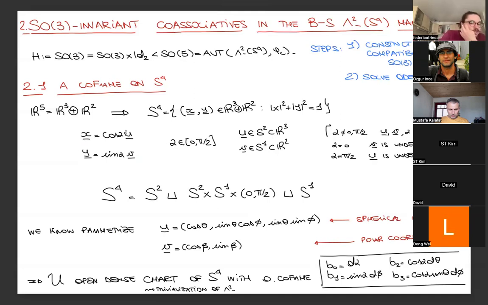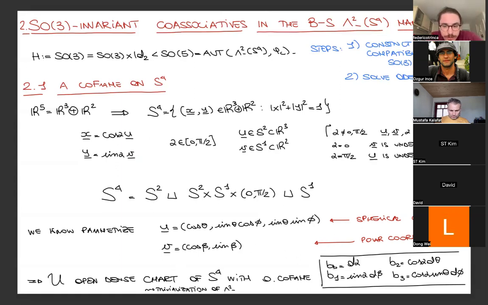Now I can parameterize u and v in spherical coordinates and polar coordinates, and so in this way I have a local orthonormal frame, an open dense chart of my S4, which induces, of course, an orthonormal coframe, and hence a trivialization of my anti-self dual two forms over such a dense chart of S4.